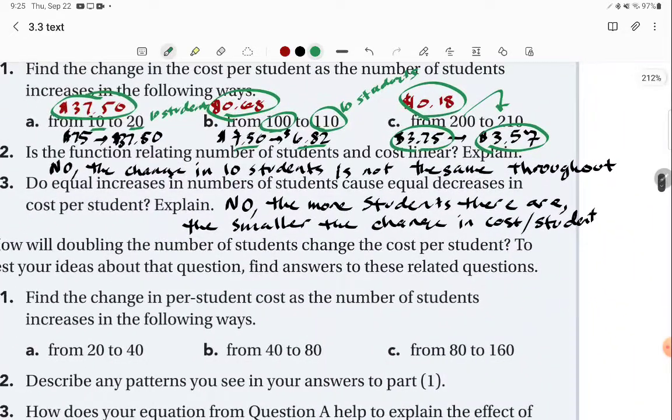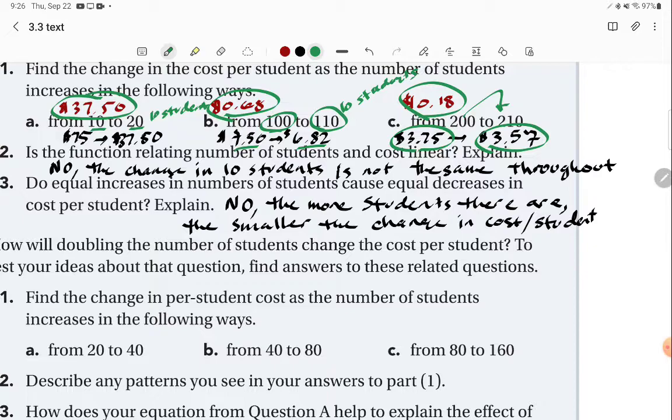Then on part 2, it asks, is it linear? Is this change in students, the cost per student, linear? And the answer is no. It's not linear because the change, even though you're changing 10 students, does not have the same effect throughout. If it were linear, then the change from 200 to 210 would be the same as the change from 100 to 110, which would be the same as from 10 to 20, but it's not.